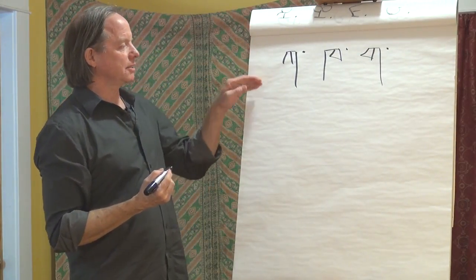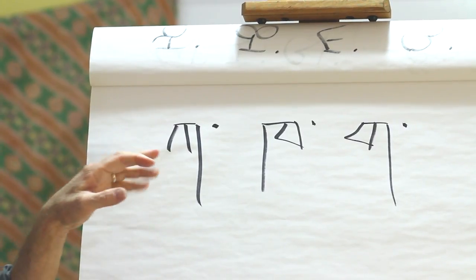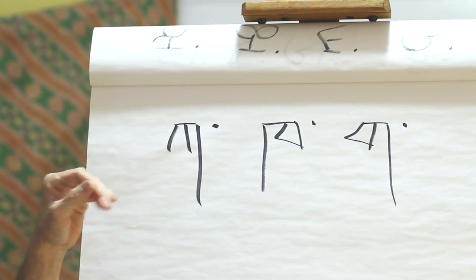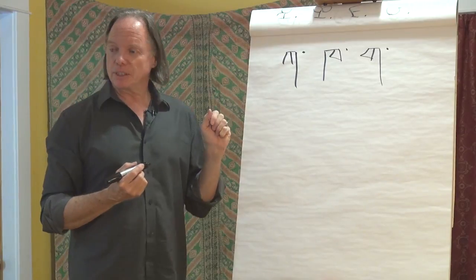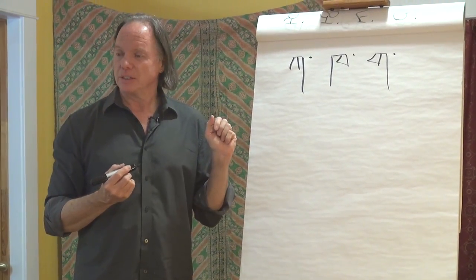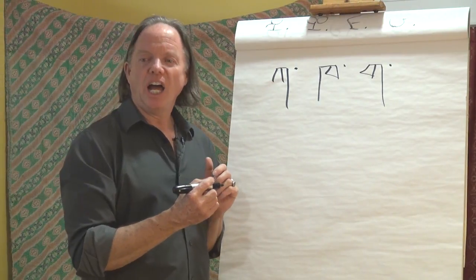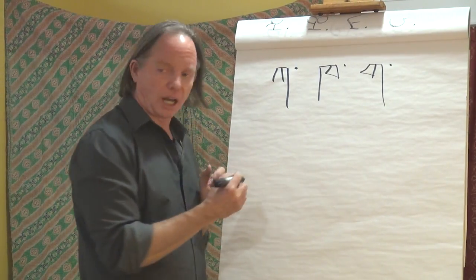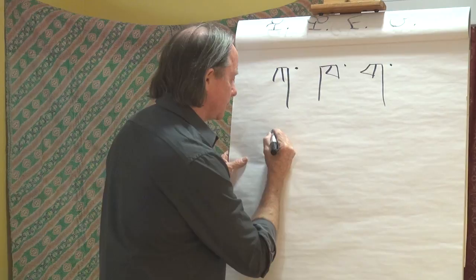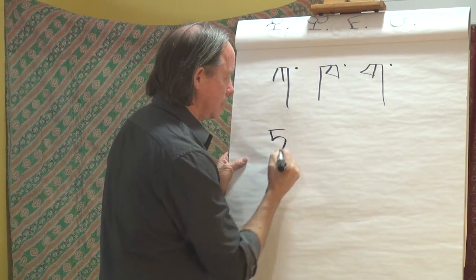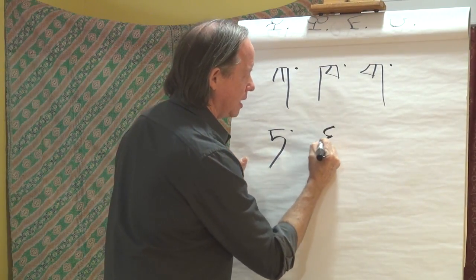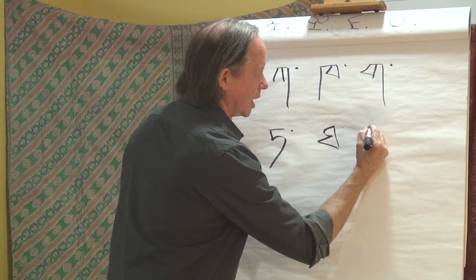This is part of the first row of the Tibetan alphabet, which we learned already. And then what was the third row? Started with ta. Say ta. Okay, good. So we have these three ta letters.